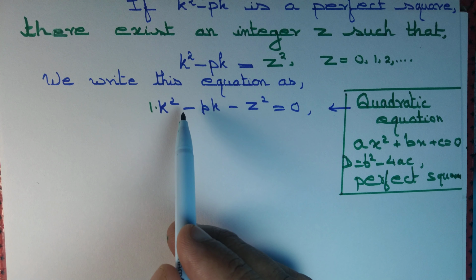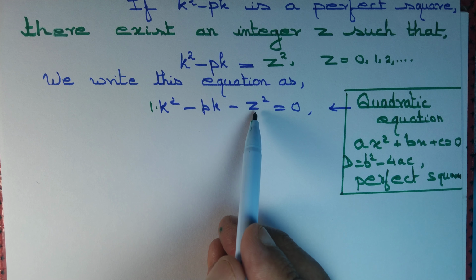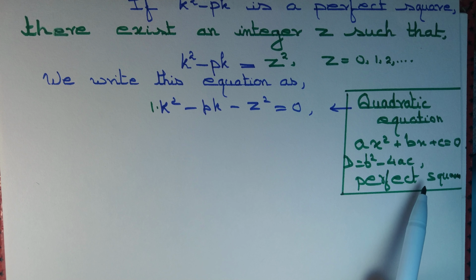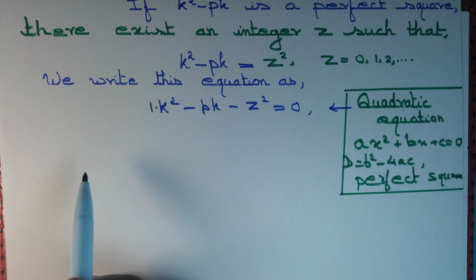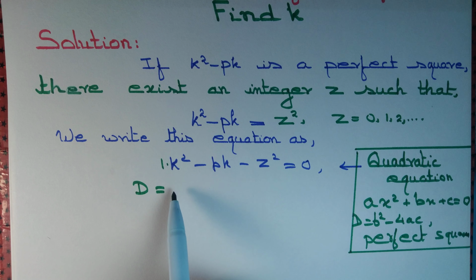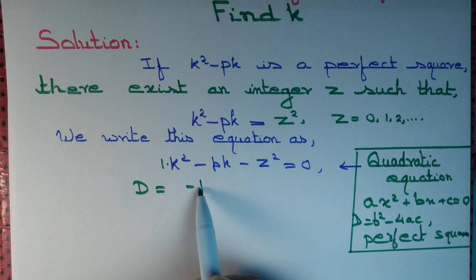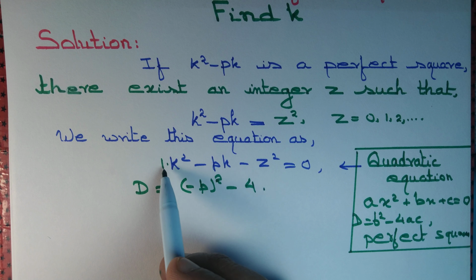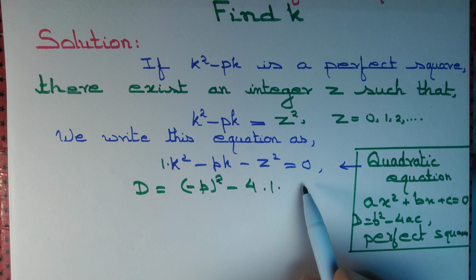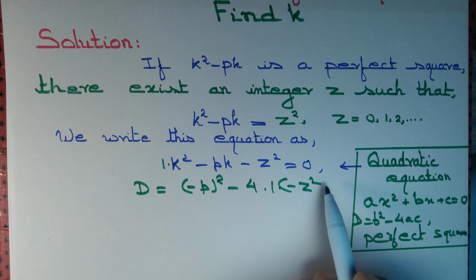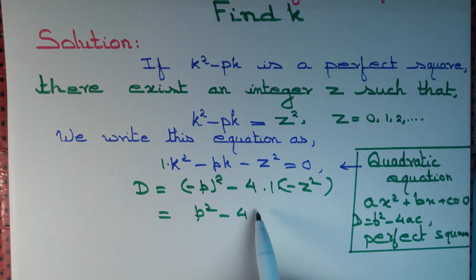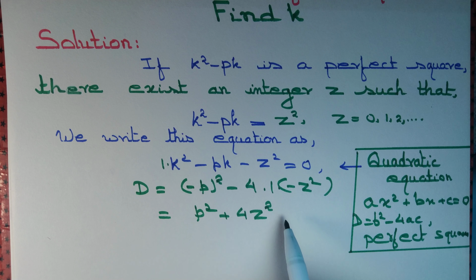Since k is an integer and k satisfies this equation, we must have that the discriminant b square minus 4ac is a perfect square. In this case, d equal to minus p whole thing square minus 4 into a, which is 1, into c, which is minus z square, and that's equal to p square plus 4 into z square.